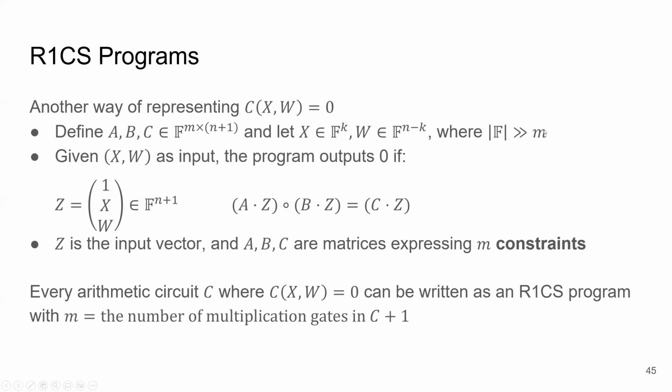An intuition for why we need this to be true is that if the size of the field is too small relative to M, then the chance that a dishonest prover can get lucky with guesses becomes too high for us. The larger the field is relative to the number of constraints, the harder it is for a dishonest prover to get lucky.